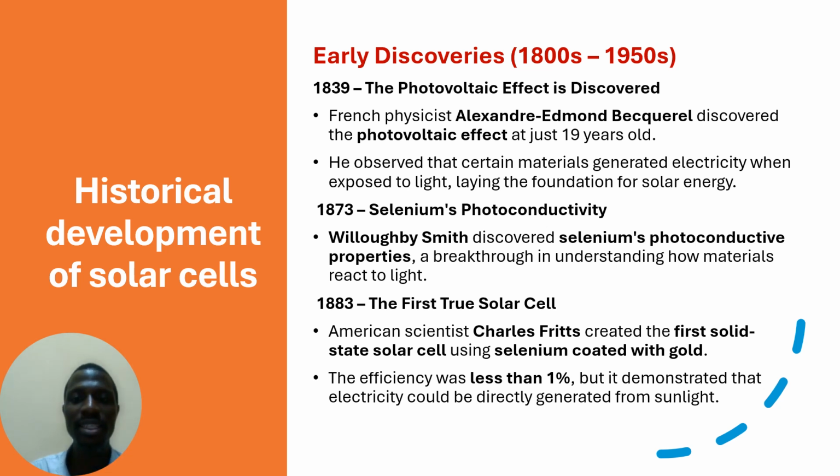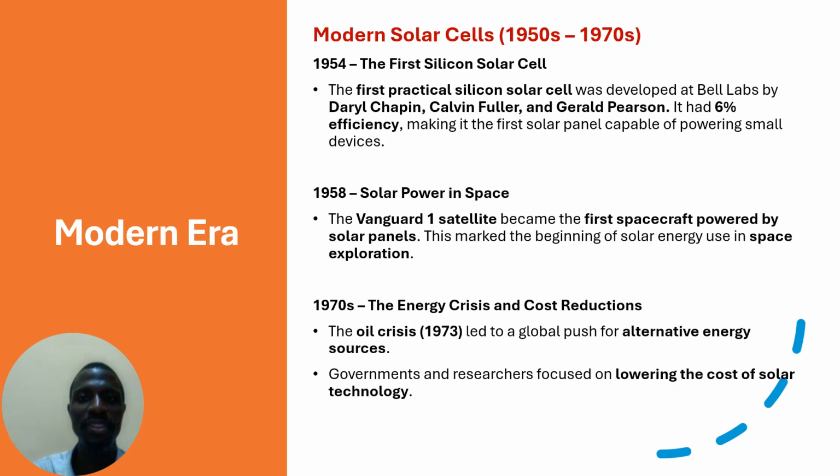He actually created the first solid-state solar cell using selenium coated with gold. However, the efficiency of the cell was actually less than 1%, but it demonstrated that electricity could be converted directly from sunlight. And this marked the early discoveries between 1800 and the 1950s.